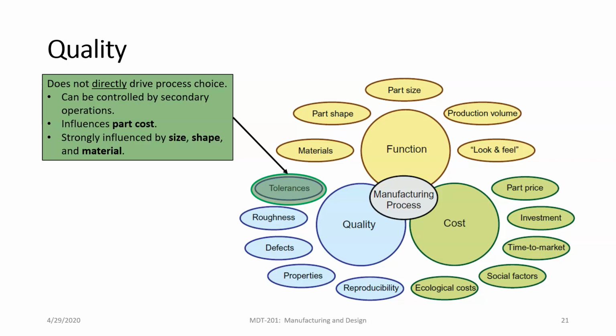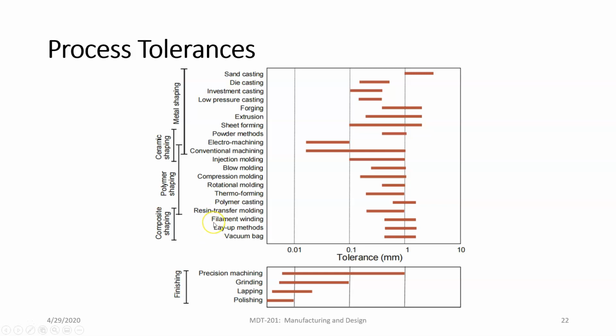It's also going to require certain skill levels of the operators. It also is going to necessitate a more stringent quality control process, because if you're asking for tighter tolerances, you're going to want to verify that those tolerances are being met. So tolerance is a secondary concern for manufacturing process choice, especially when you're dealing with secondary operations.